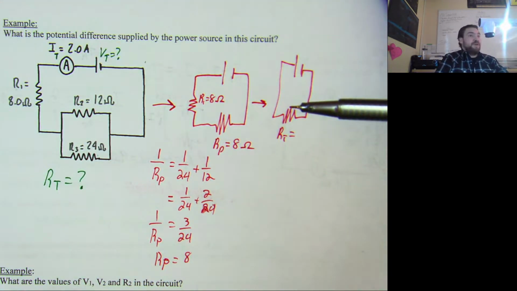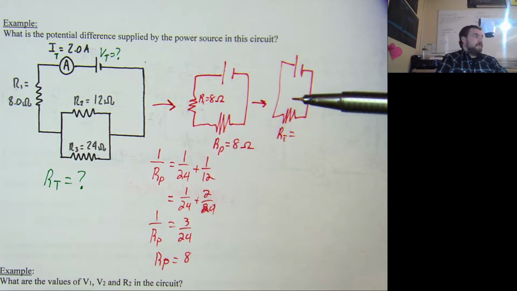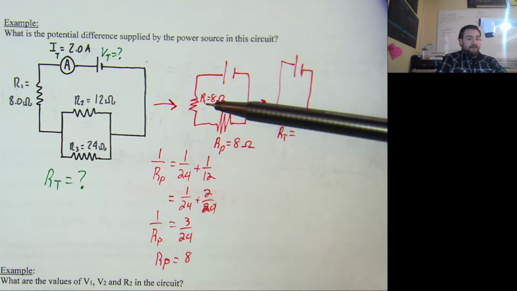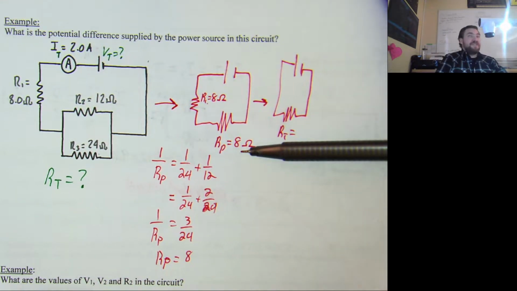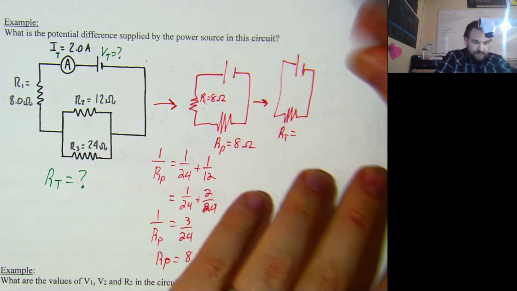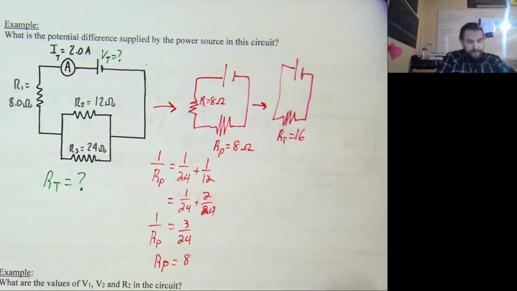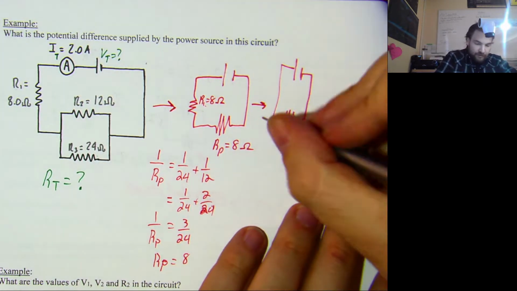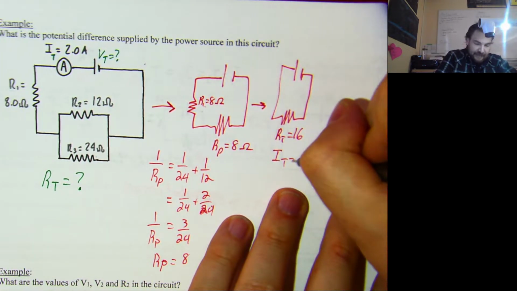In series, what do I do with the resistances? I add them. So I have an 8 ohm resistor here and an 8 ohm resistor here, which is going to give me a total resistance of 16. And we know that IT is 2.